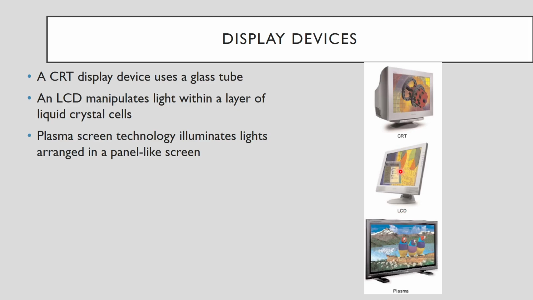In an LCD screen, the source of light is a series of cold cathode fluorescent lamps, or CCFLs, which are not environmentally friendly. The CCFLs for LCD are being replaced by LED, or light emitting diode technology.